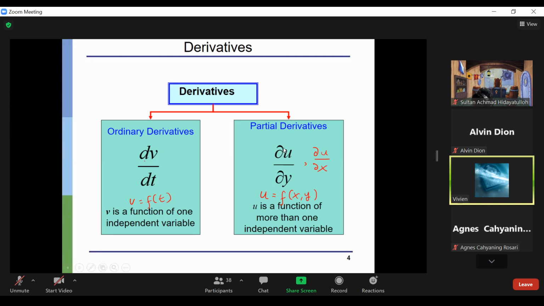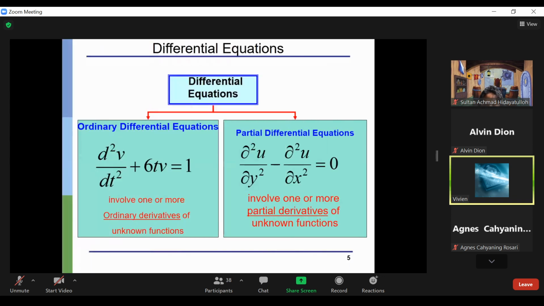And later, because we have ordinary derivative and partial derivative, each of these will have an equation as well, so we will have ODE and we have PDE. When we have ODE, we have a function which contains ordinary derivatives. For example, here we have phi in t, the derivative, and this is the second derivative.